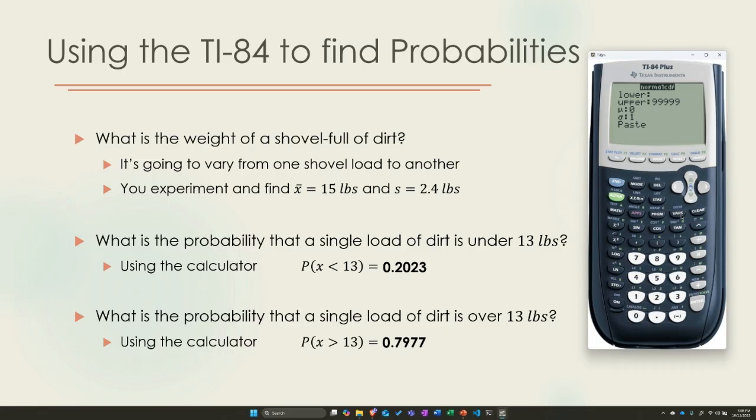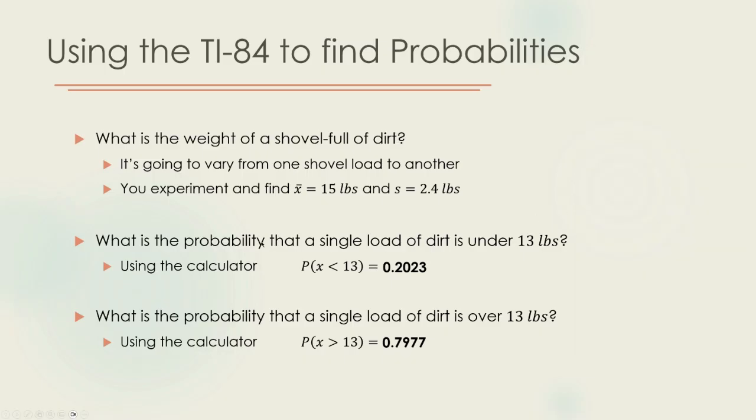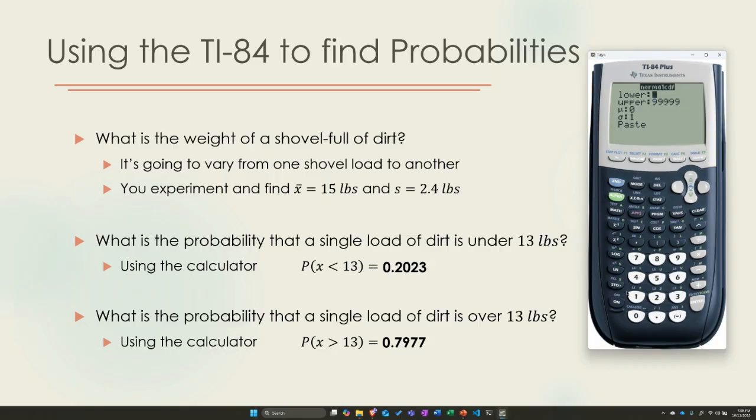If we want the probability of a single load under 13 pounds, then remember that's our left tail, which means a very large negative number and an upper bound of, oh, I'm sorry, I just about did the z-score again. Now I could just put in my value of 13.